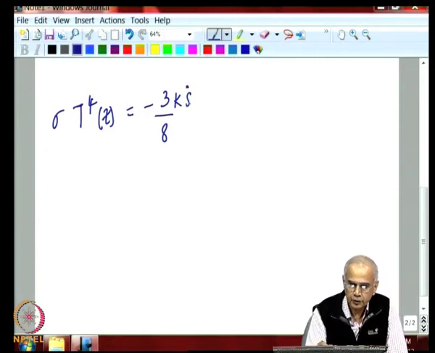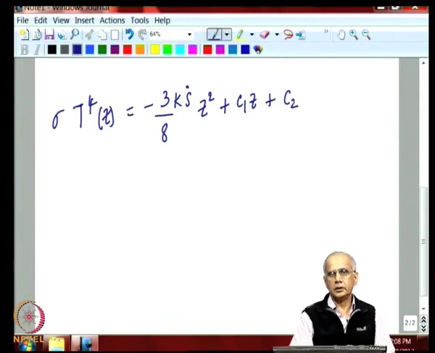This is in watts per meter cube, this is in watts per meter squared, same as this units. Z squared, because you have done two integrations, plus C1 z plus C2. So, this is the complete solution to the problem, but the key aspect of the problem is to apply the boundary condition correctly.